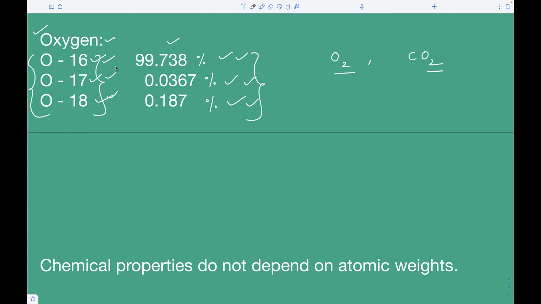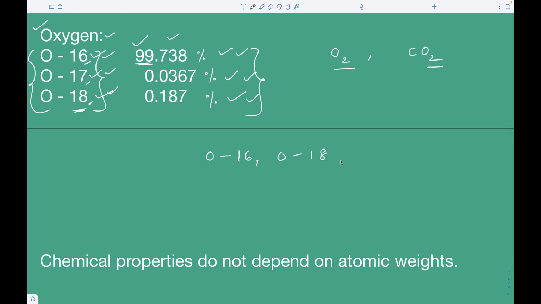So by oxygen, I am not talking about any particular isotope of oxygen. But if I want to talk about a particular isotope of oxygen, I would clearly convey that. I would say O16 or oxygen 16 to refer to the most abundant isotope of oxygen. To refer to this isotope of oxygen, I would say oxygen 18 and so on.